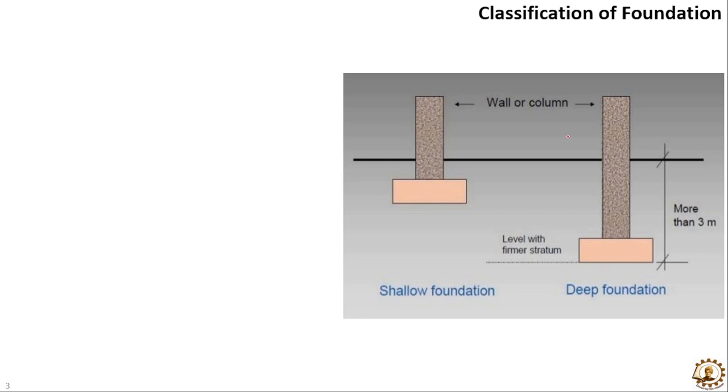If we want to classify foundations, we can classify them based on the criteria of depth of foundation and width of foundation. Basically, we classify foundations in two broad categories. The first one is the shallow foundation, and the second one is the deep foundation.